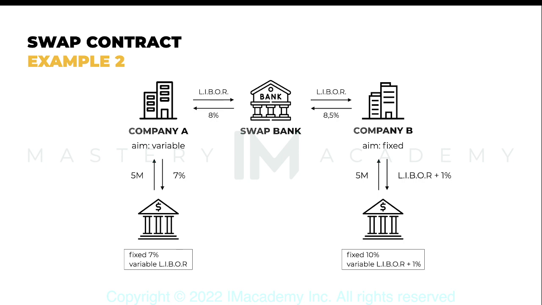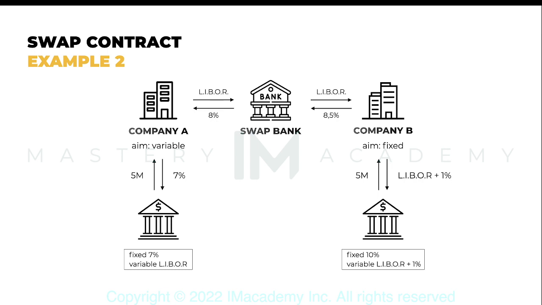The swap bank now receives 8.5% from company B and pays 8% to company A. It also receives LIBOR from company A and pays LIBOR to company B, both on $5 million, so the same amount. So basically, whatever LIBOR is, it flows in and out. So LIBOR goes in from company A and goes out to company B.